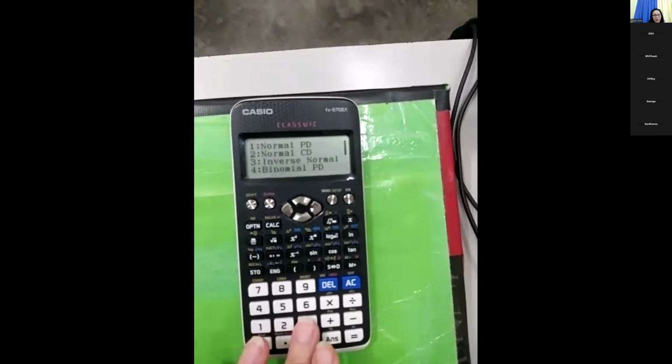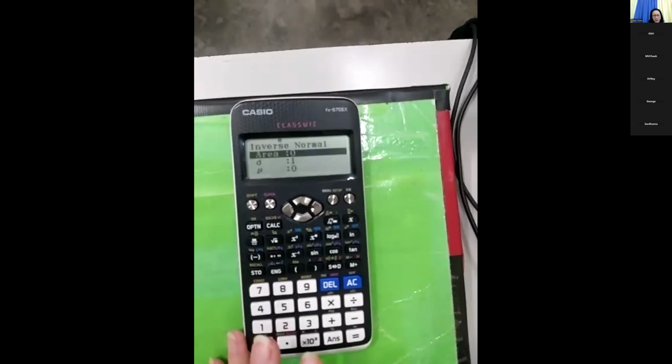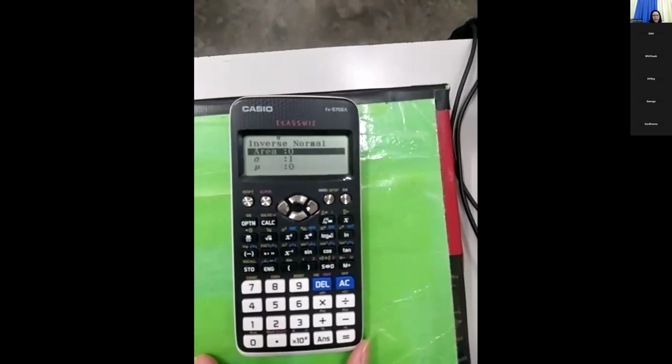Inverse normal, 3. So area class, take note, area. Look back at your 5A. Just how I shaded for you, the region is to the right side, right? For you that are using EX, please take note. On your calculator, for this EX one, you have to get the area. All the area must be left side. The calculator must always be changed to the left side.